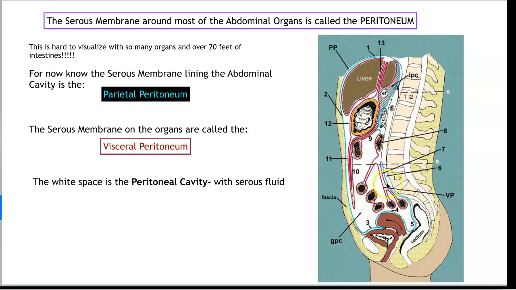Very complicated to even visualize, but all you need to know is you have this parietal peritoneum lining the abdominal cavity and the visceral peritoneum lining most of the organs in the abdominal cavity. And the space in between them, which is this white part, is the peritoneal cavity. Peritoneal cavity is filled with serous fluid.